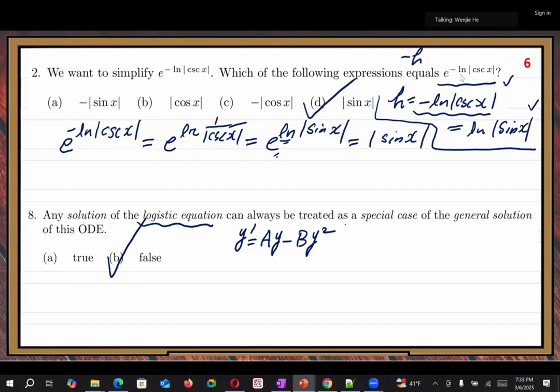There is a singular solution, that is y equal to 0. You may ask, how do you know the singular solution? Because the general solution does not contain the singular solution.